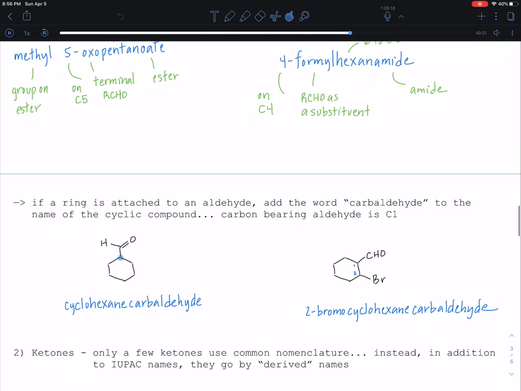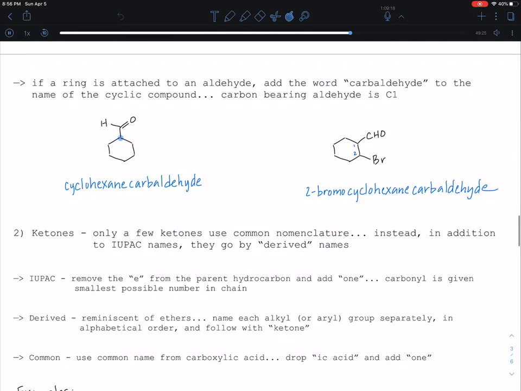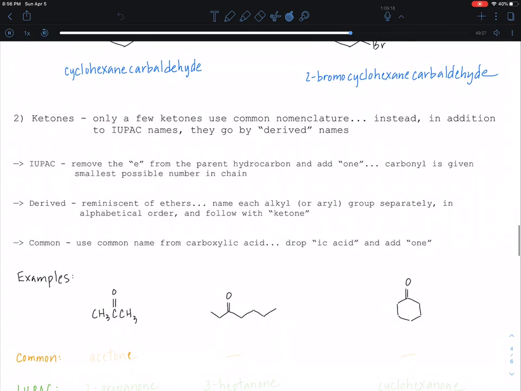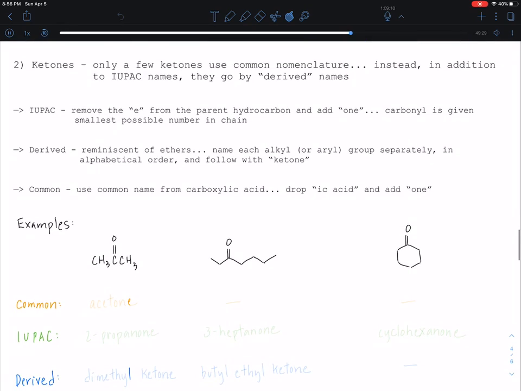So moving on, I would like to cover the nomenclature for ketones. Ketones are a little weird. Usually only a few ketones, I should say, use common nomenclature. We've got another type of nomenclature called derived nomenclature, and it's a little reminiscent of ethers, where you have two R groups on either side of the oxygen.